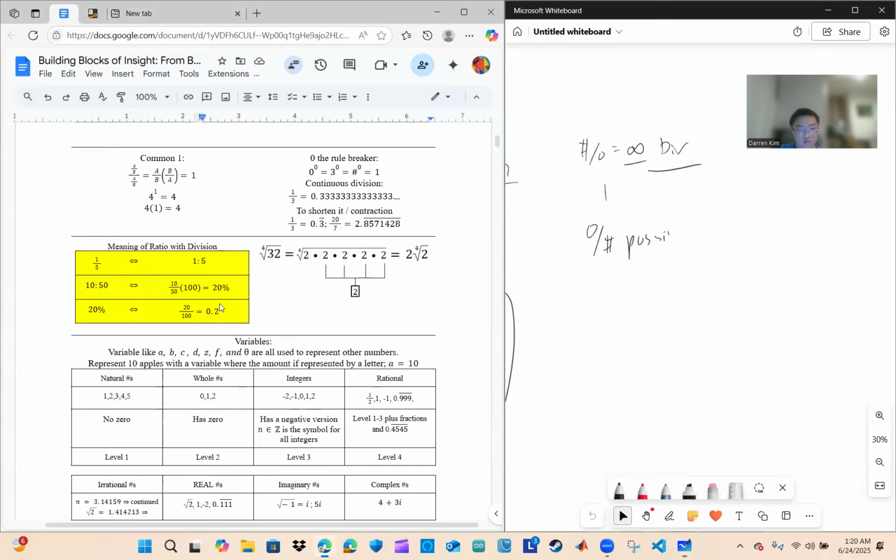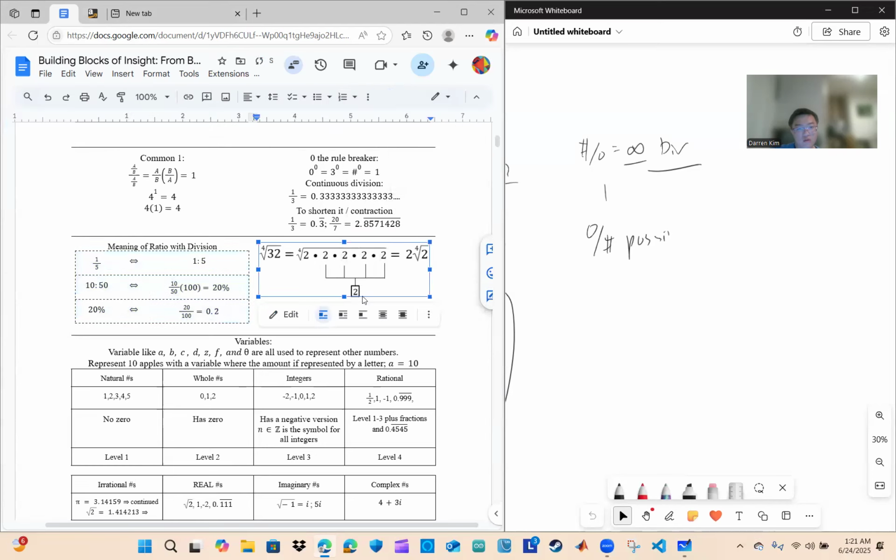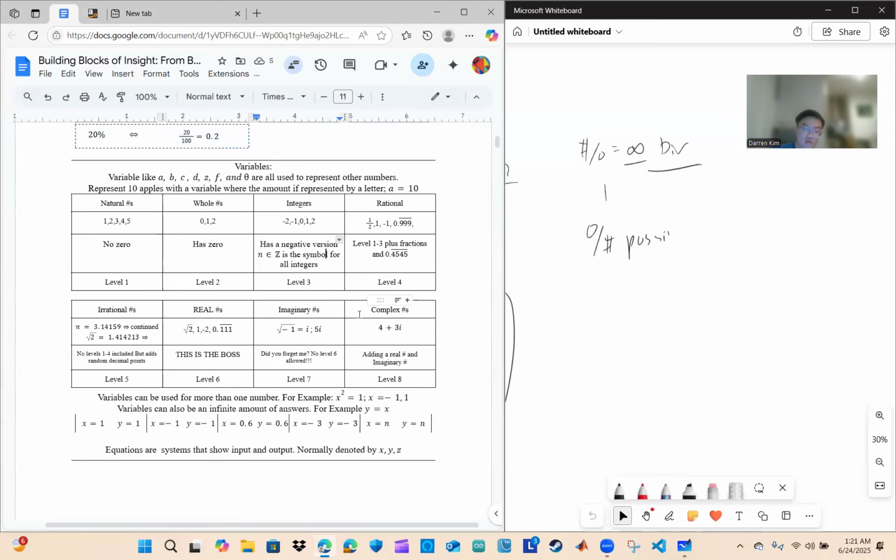Why is this off? Let me experiment. That's much better. We got different numbers. Irrational numbers is the most. Actually, thinking about it, we could do a proof on why the square root of 2 is irrational.